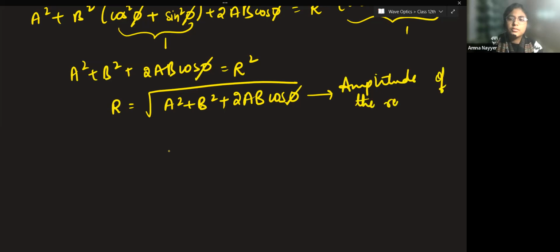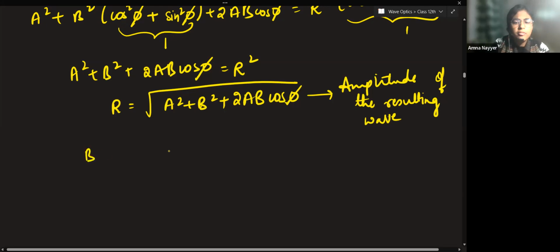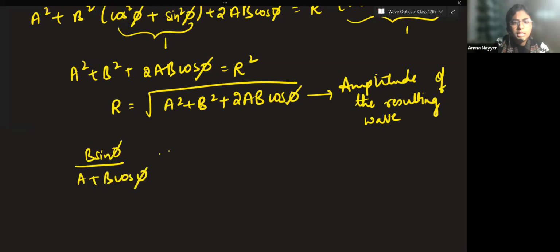So if you have two amplitudes with you, R, that was what we were depicting. So now R's value is given by this. Also, if you have to find out the direction, just divide. This is exactly the amplitude part and the direction part is similar to parallelogram law. So here you have b sin phi. If you divide it by a plus b cos phi, this will be equal to r sin theta by r cos theta.